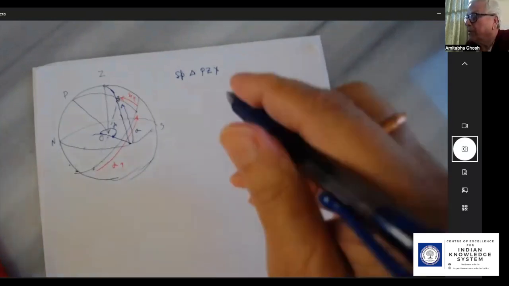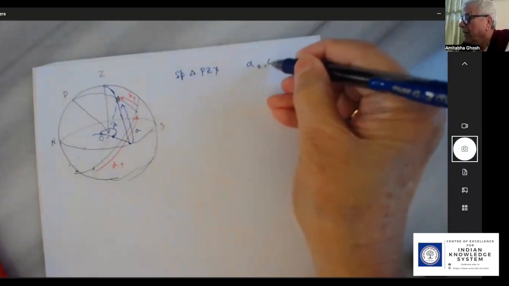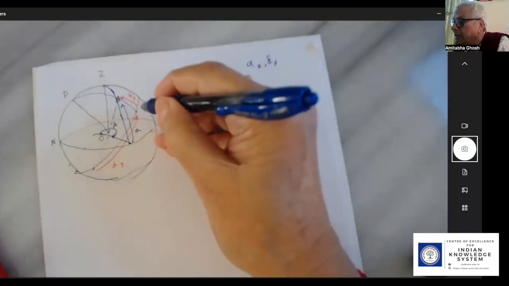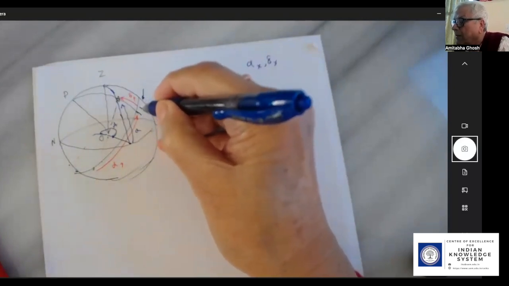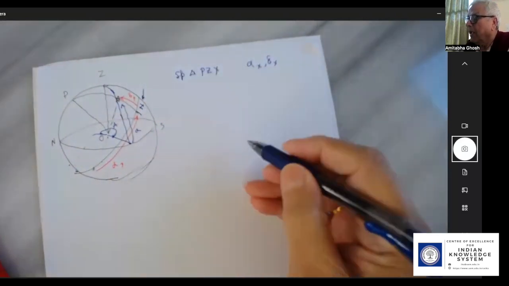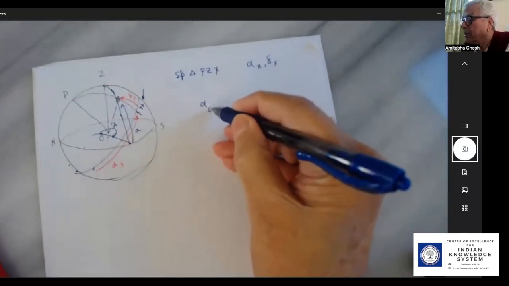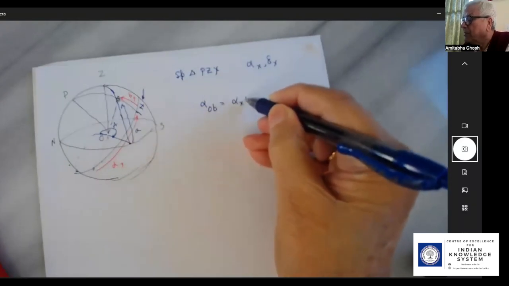Now what are the given things? Alpha x is given and delta x is given. Now you can see that this is the hour angle, and the right ascension of the observer is nothing but alpha x plus the hour angle.